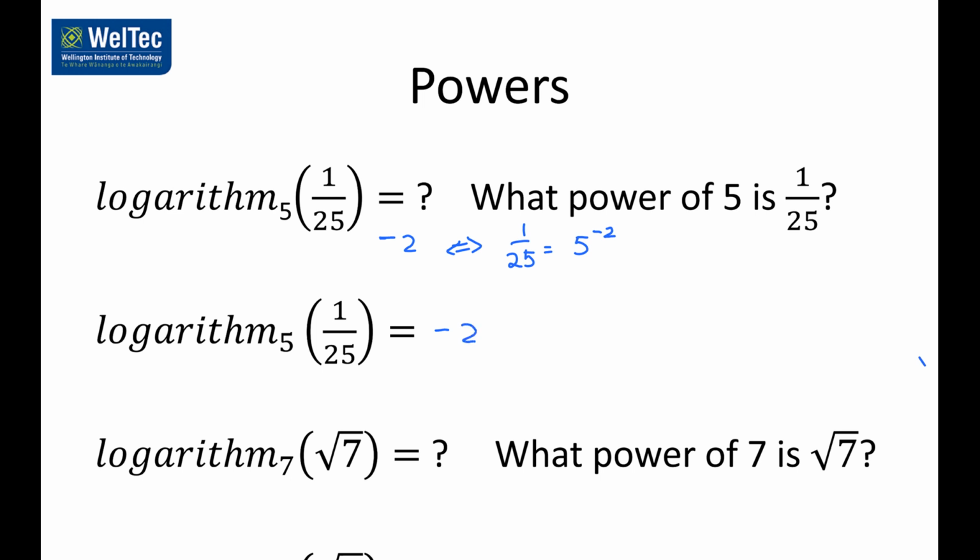What about logarithm to the base 7 of √7? The answer is this must equal 1/2, because the corresponding statement says √7 equals 7 to the power of 1/2. What power of 7 is √7? And the answer is 1/2.